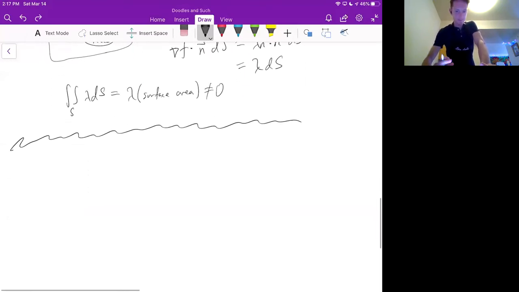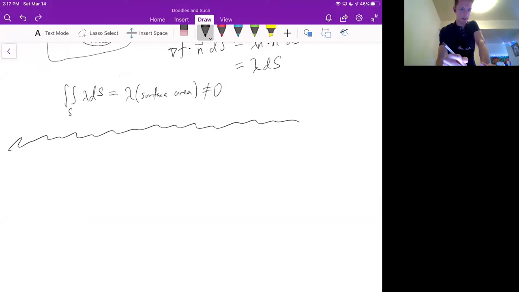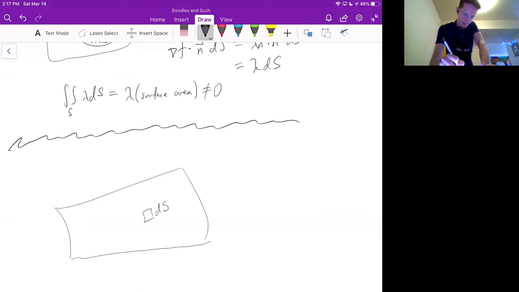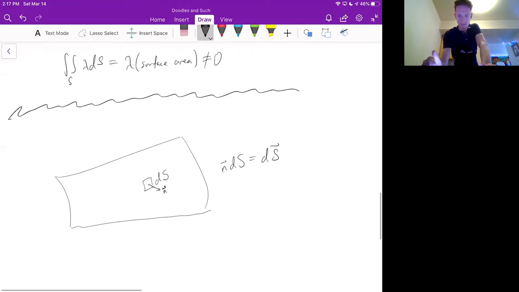But the idea here is that if I'm looking at part of a surface, I have a little differential surface area, dS, and I have a unit normal, little n. And alternatively, I could have parameterized this surface. And so n dS is dS vec.